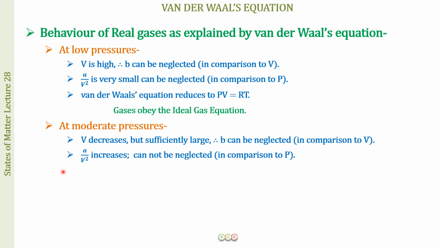The value of a by V square is increasing, and we will not be able to neglect it in comparison to P.